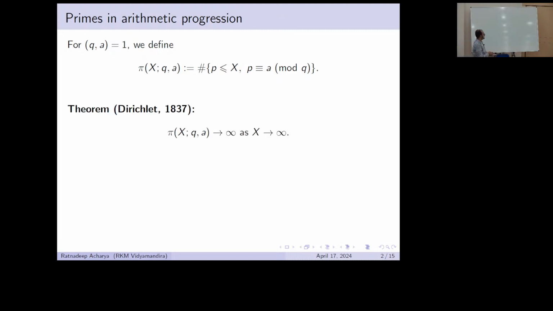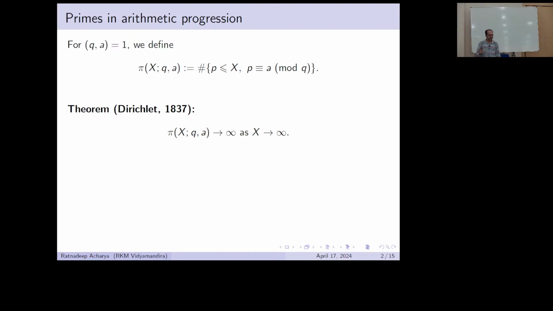There is a famous theorem due to Dirichlet. He proved that pi(x; q, a) goes to infinity as x goes to infinity. What does that mean? In other words, every arithmetic progression of the form a plus nq, where a and q are co-prime, contains infinitely many primes.